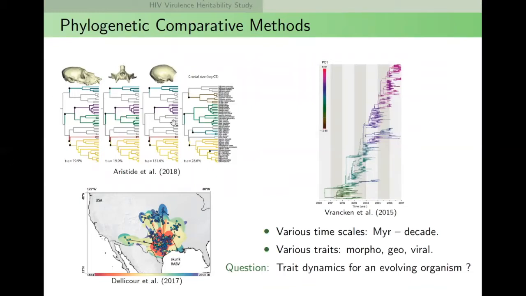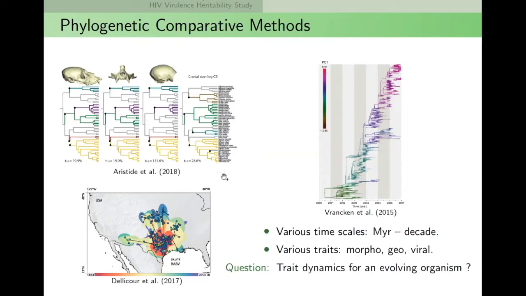So for instance, here you would look at the New World monkeys, many kinds of small monkeys, and for each of them you would measure some continuous traits. Here, for instance, traits associated with the shape of the skull of these different species of monkeys. And what you want to do is to say something about the distribution of these traits among all the species of monkeys.